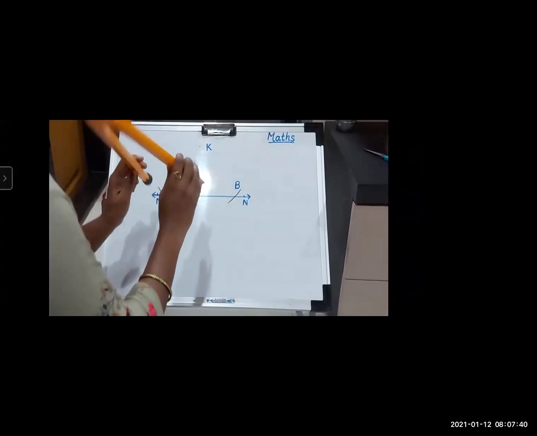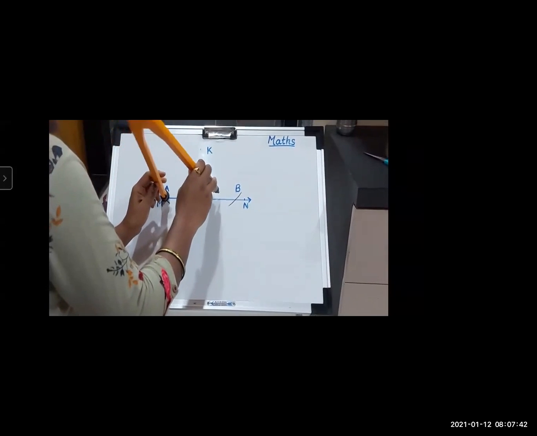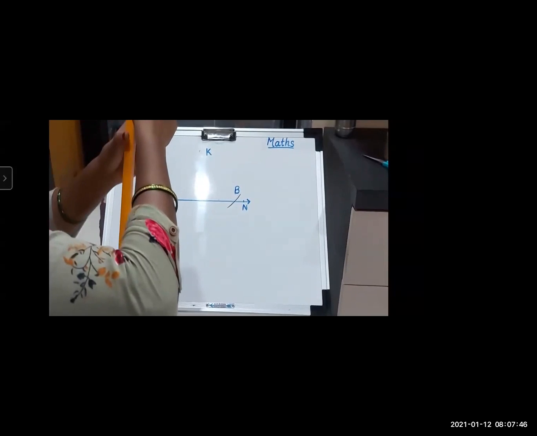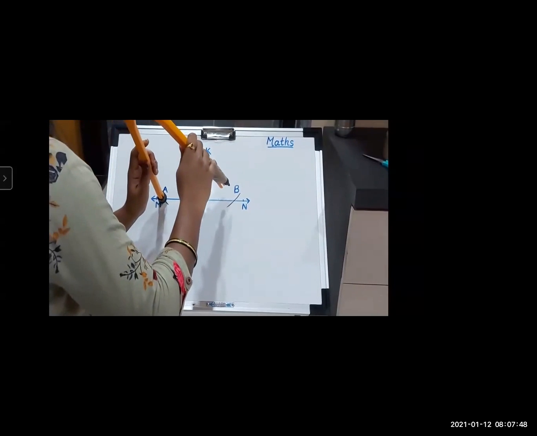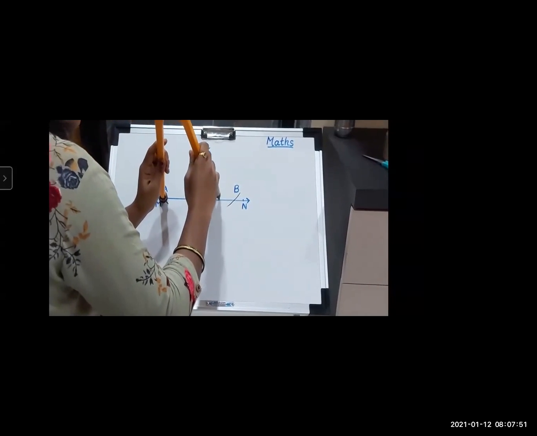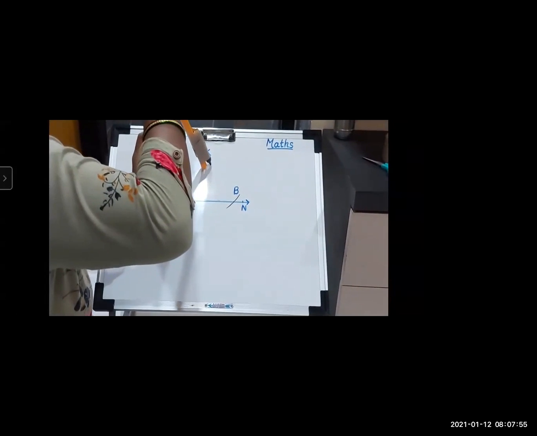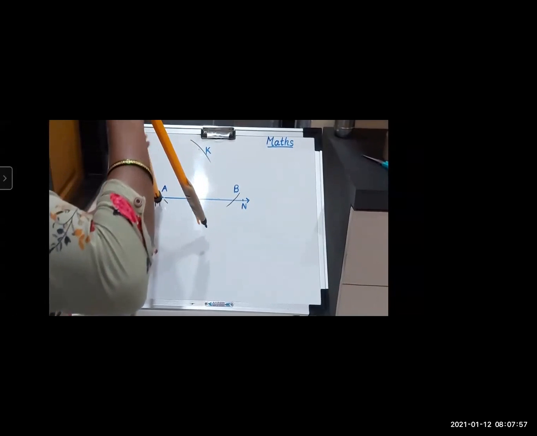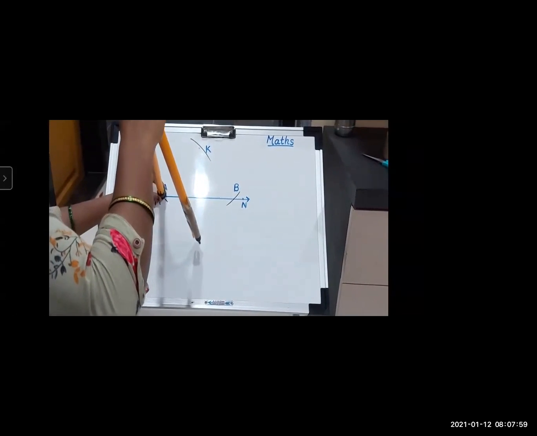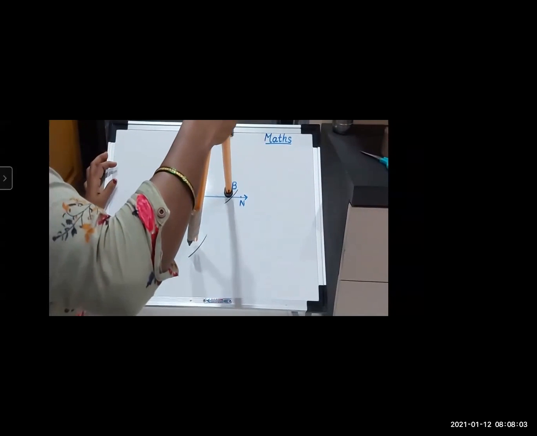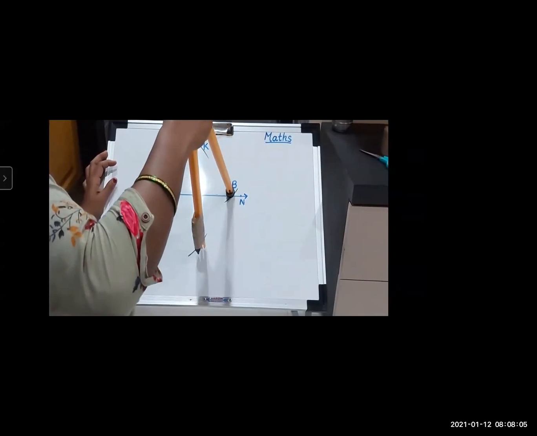Now again, I will take the compass, keep the pointer on A and take more than half of the distance of AB. Now keeping the pointer on A, I will draw an arc on both sides of the line MN. Keep in mind the distance of the arms of the compass should not change.